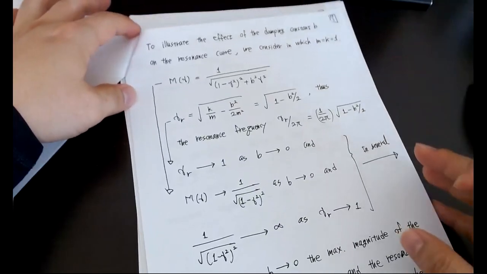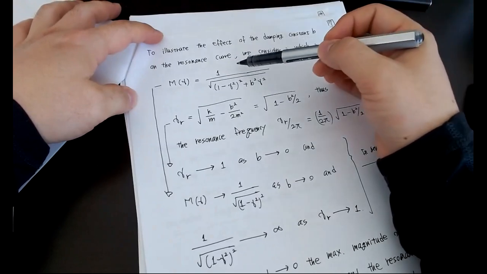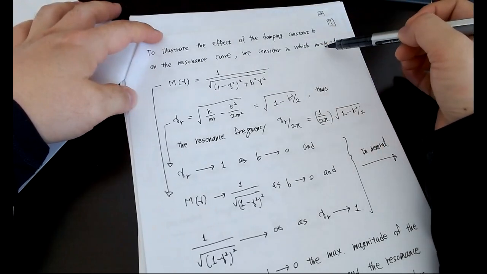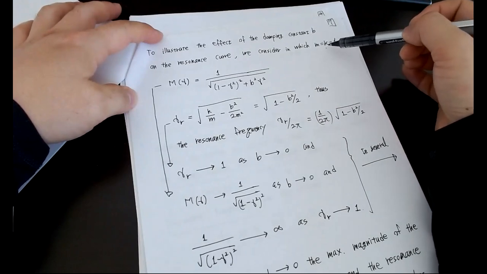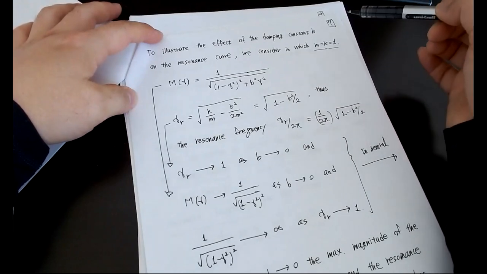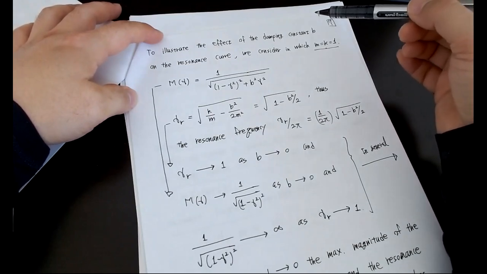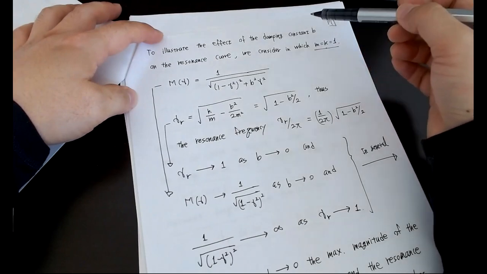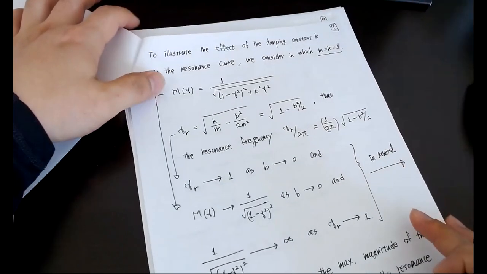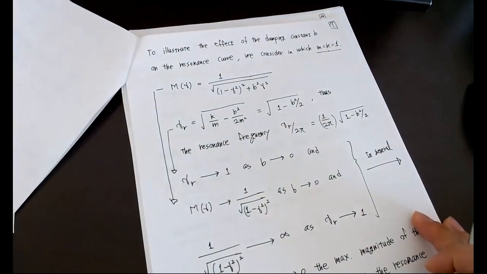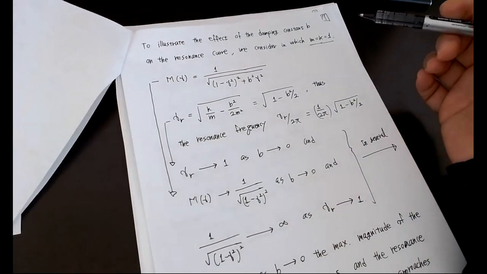All right. To illustrate the effect of the damping constant b on the resonance curve, we consider the case in which m equals k equals 1. Both m and k are 1. We want to figure out the effect of the damping constant b. First of all, we plug 1 into m and k.